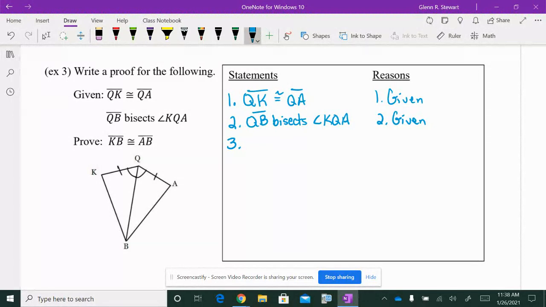Now let's take a look at the triangle. Now that we know that those two sides are congruent and that QB bisects, we can also determine that angle KQB is congruent to angle AQB due to the definition of an angle bisector.